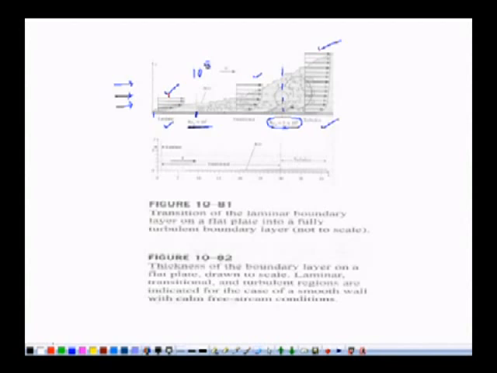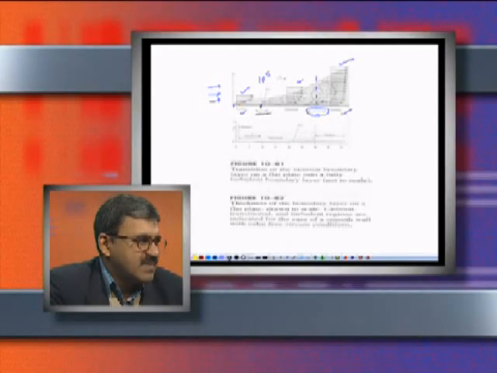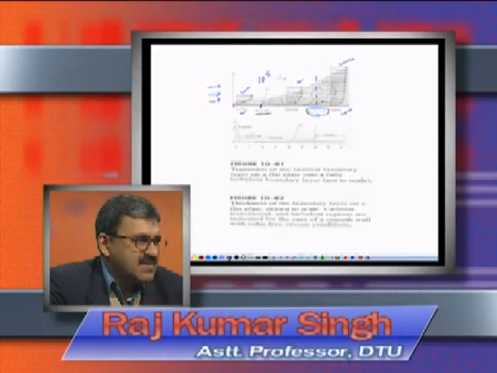In case of laminar boundary layer, we see that we have a very smooth velocity profile where du over dy is small enough. But in the turbulent case you see that from the very beginning we have very high velocity, and naturally at the boundary surface, what is the velocity at the surface?